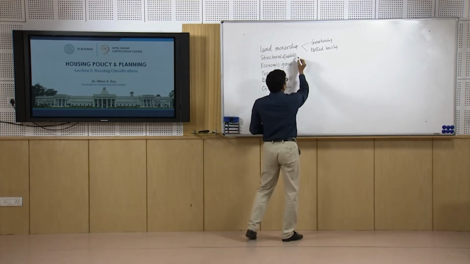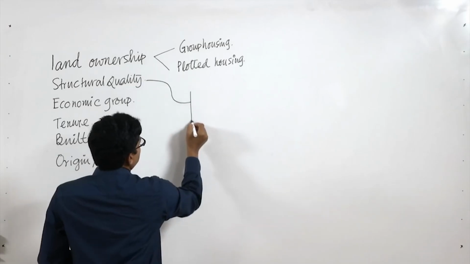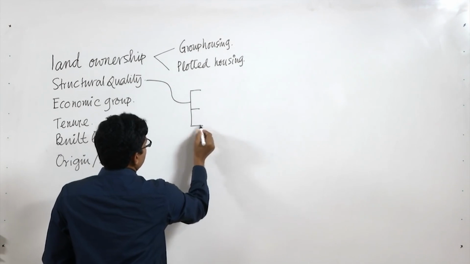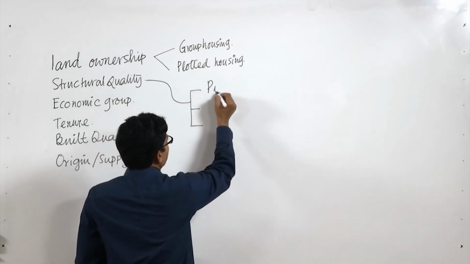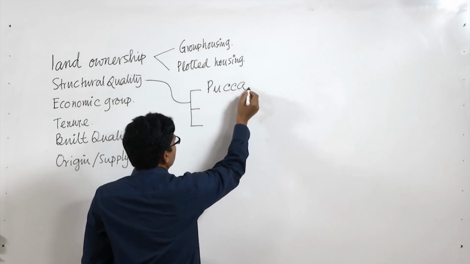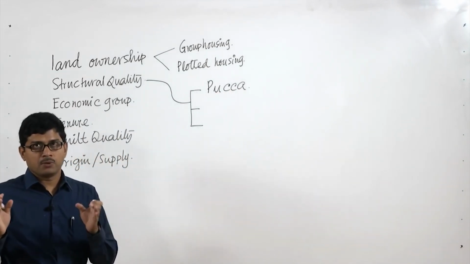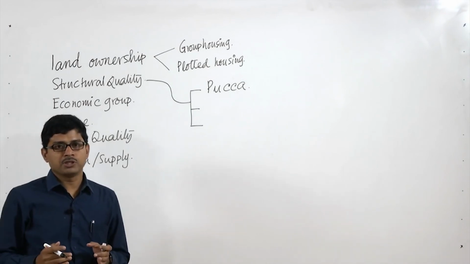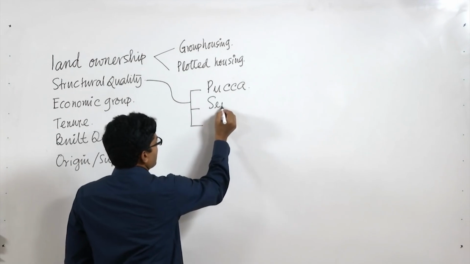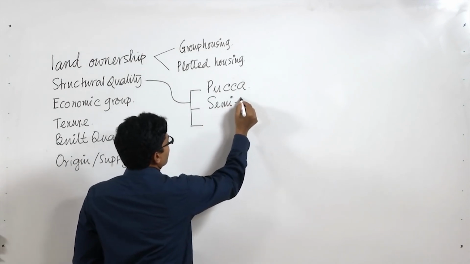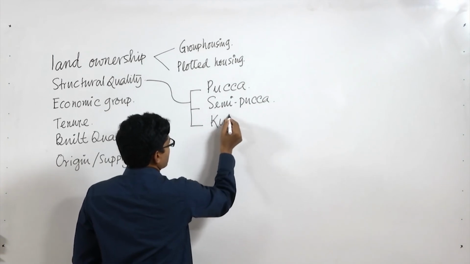When we differentiate based on structural quality, there can be three different types of house conditions. One is what we call pakka houses. Pakka houses have foundation, walls and roof all made of permanent material. Then there are semi-pakka houses or kacha houses.